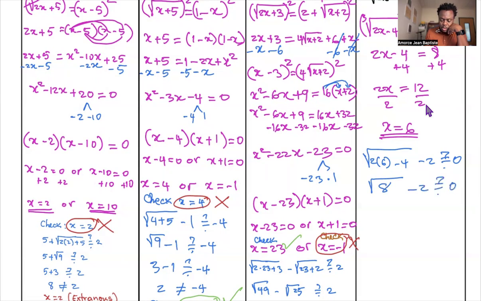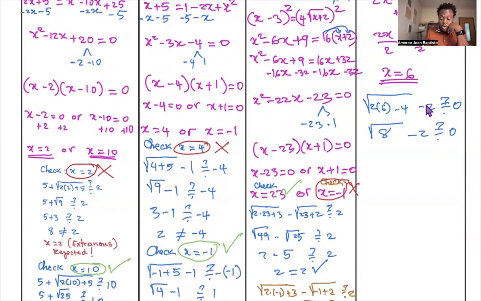Is it 0? We don't know yet. So cube root of 8 is 2, minus 2. Is it 0? Yes, it is 0. So that checks. And your solution set for this equation is 6, the value we got for x.